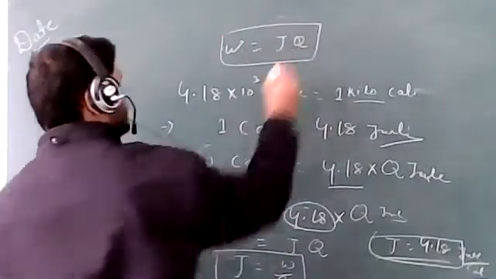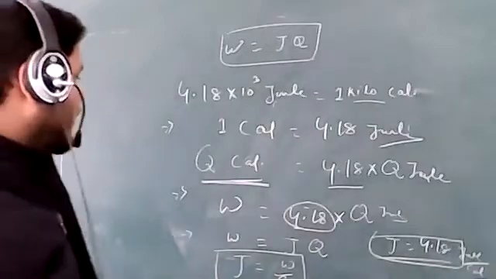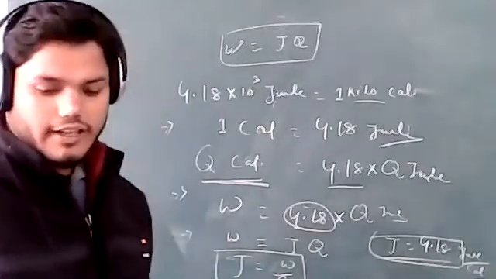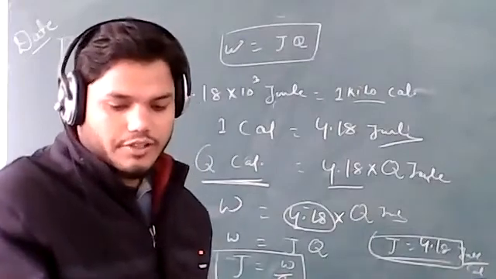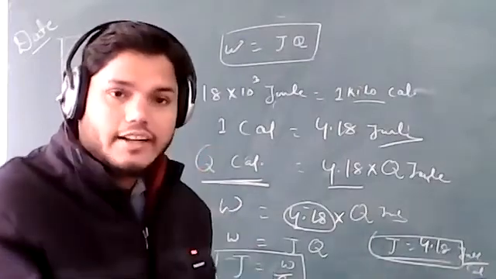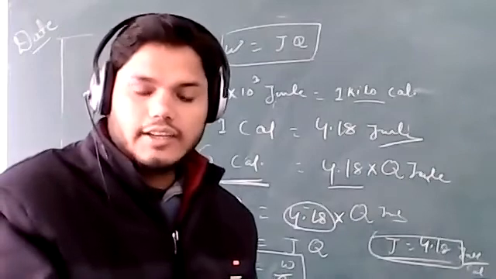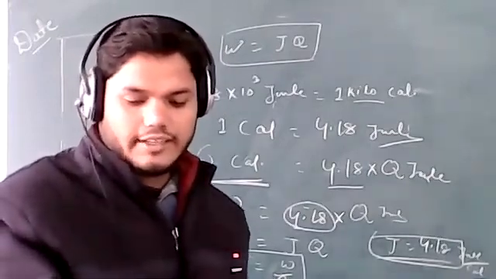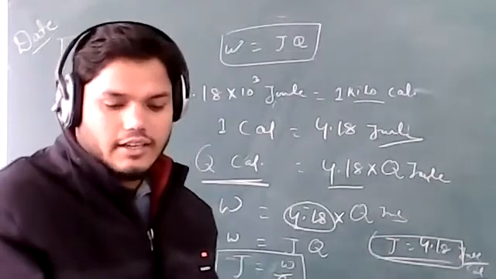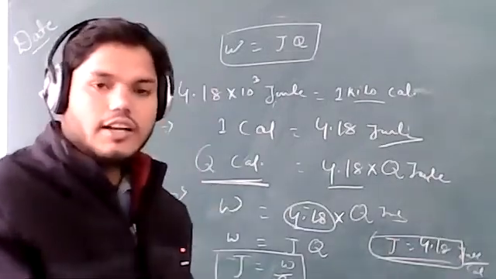J is called Joule's constant. Its value is 4.18 joules per calorie, and you can also write 4.18 into 10 to the power 3 joules per kilocalorie. It is not a physical constant, it is only a conversion factor.